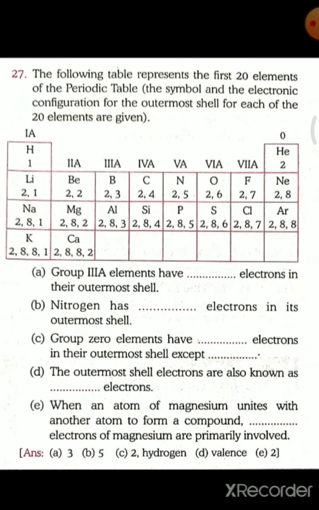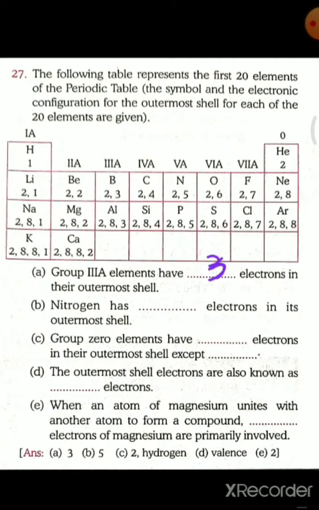Then your last question, 27. The following table represents the first 20 elements of the periodic table. Group 3A elements have dash electrons in their outermost shell. So they have 3 electrons in their outermost shell, because you know their group tells about their valence electrons. Nitrogen has dash electrons in its outermost shell.